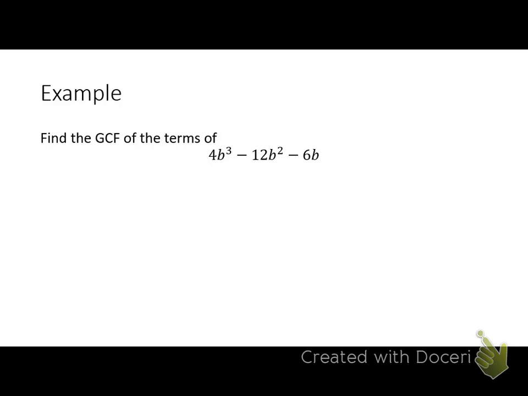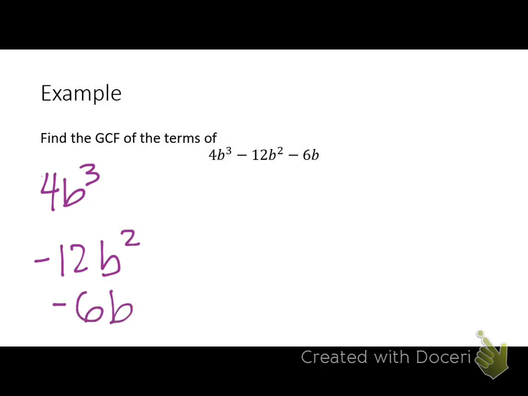So I have 4b cubed, negative 12b squared, and negative 6b. So I can write 4b cubed as 2 times 2 times 3 b's this time.